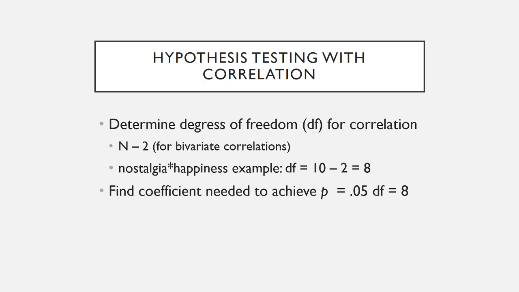The reason we need to have this information in order to find our critical r value is that the sample size you have, more specifically degrees of freedom, but degrees of freedom are derived from your sample size, shapes the underlying probability distribution that determines our critical probability cutoffs. Basically, if you were to have fewer participants, the likelihood of getting extremely strong fluky results is just more within the realm of possibility.